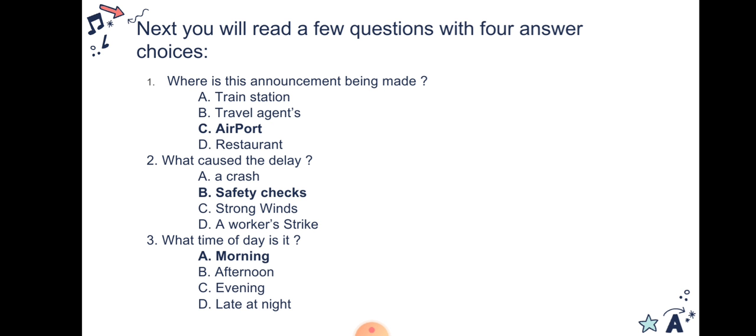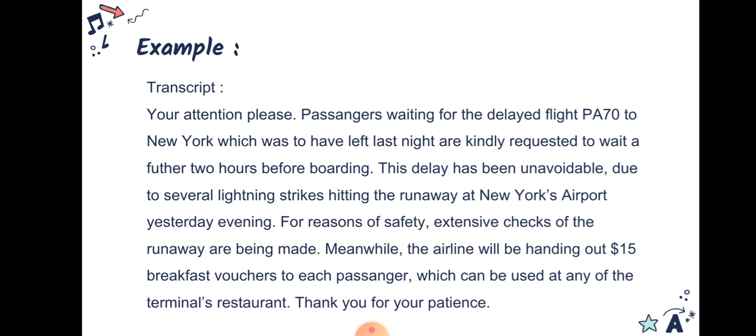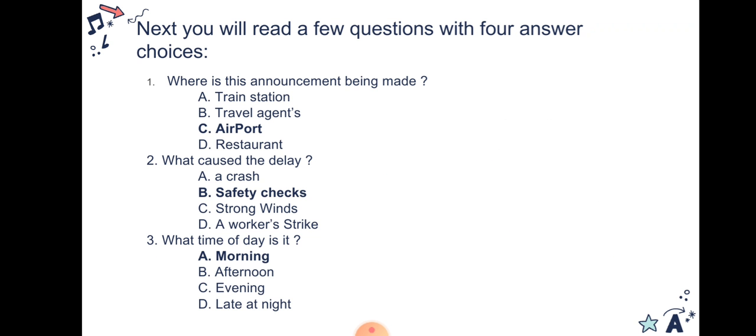Because airport is for menerbangkan pesawat dari satu ke tempat lainnya. Makanya tadi dituliskan yaitu flight, itu menandakan itu adalah nomor pesawat penerbangan selanjutnya. Makanya jawabannya adalah C.